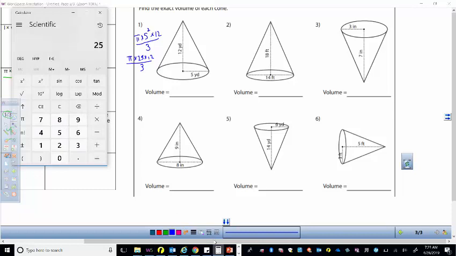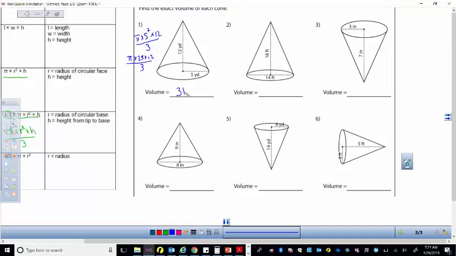In the calculator you put in pi, which is 3.14, times 25 times 12, and you get 942, but then you have to divide by 3. So I get 314 yards cubed.